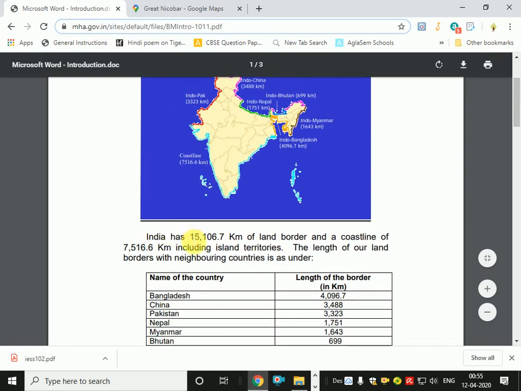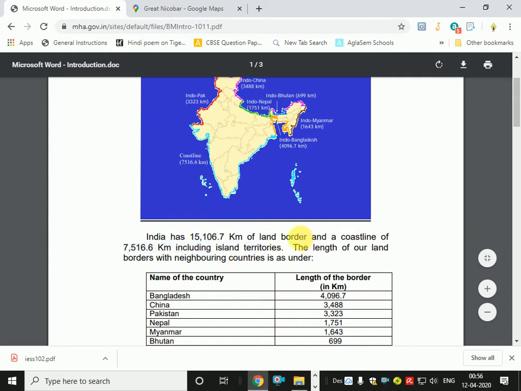India has a border of 15,106.7 kilometers. I will tell you these figures again, and here is where I was talking about the 7,516.6 kilometers of coastline we have.